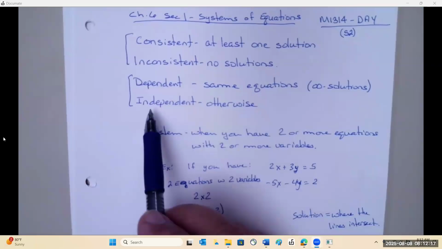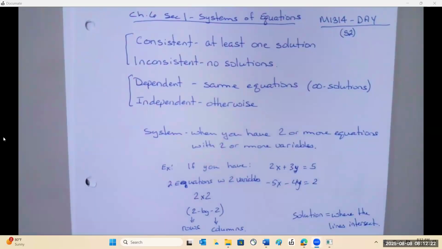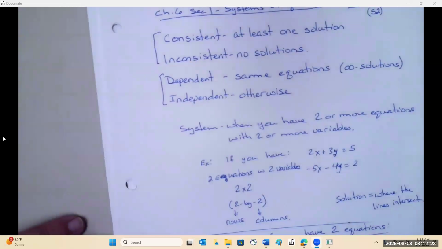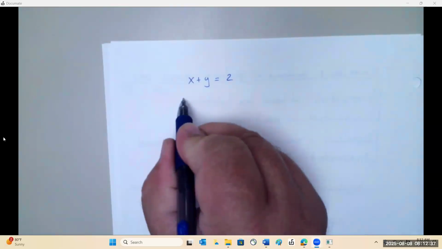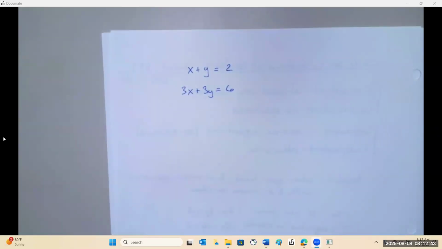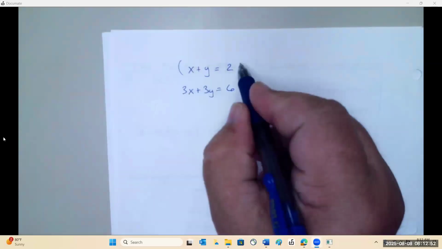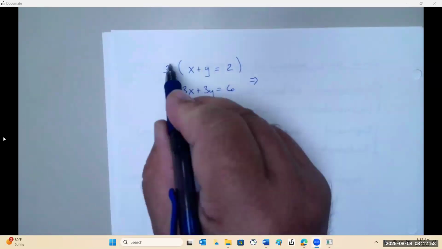That's what has to do with the answers. Now, dependent versus independent. Two systems are dependent if, in essence, they're the same line. The only thing different is they look different. For example, are these the same lines? Yeah. Because all I have to do is multiply the first one by 3, distribute.